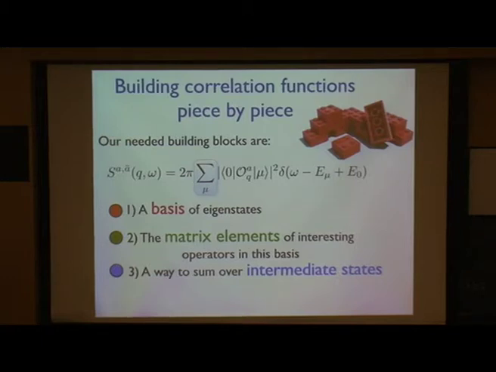Of course, the problem here is that the summation over intermediate states runs over, in principle, the full Hilbert space. So you're really talking about an exponentially large number of states. That's just computationally too much. You wouldn't be able to do it for a thermodynamically large system, except in very special circumstances. Again, I'm not going to talk about it today.